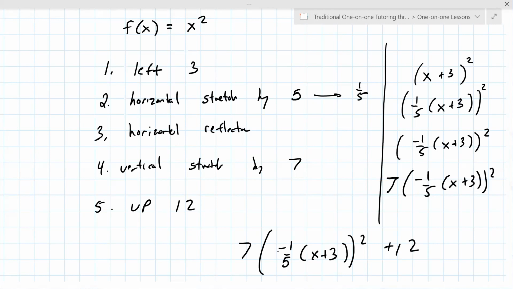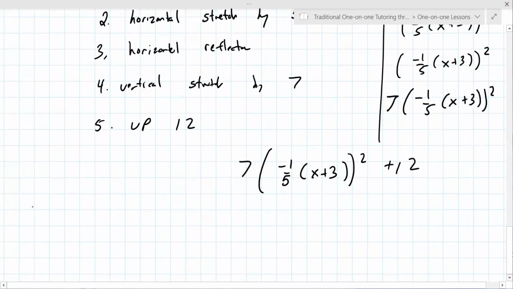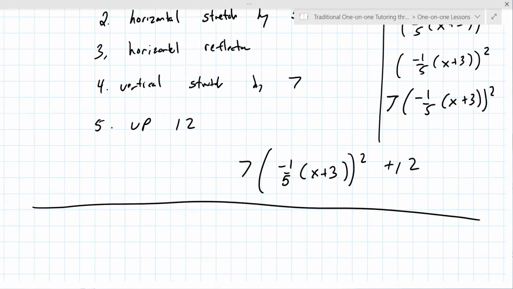Mm-hmm. Like in a parabola, a horizontal stretch and a vertical stretch can be done in similar ways. Mm-hmm. Anyway. Okay. Do you want any more of those, or do you want us to move on to something else? Can we move on, please?